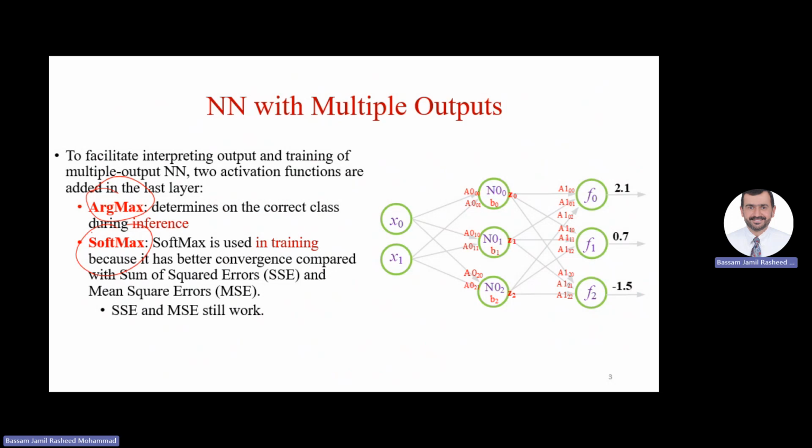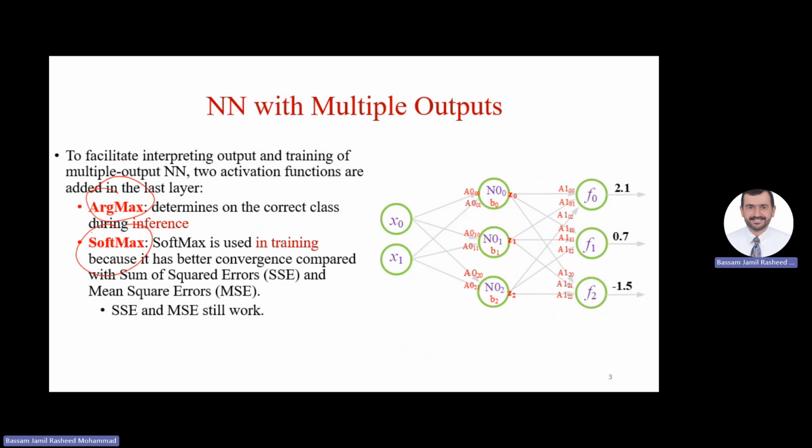We say that in a network of multiple outputs, the output can vary within a wide range, so we need to decide which is the winning output. So we use the Argmax, which basically assigns a value of 1 for the output which has the highest value, zeros for the others. Very simple, very easy, but it has a problem. What's the problem? The derivative of it is 0.